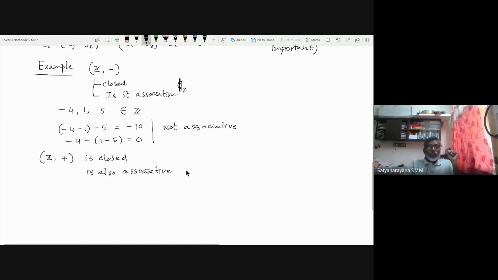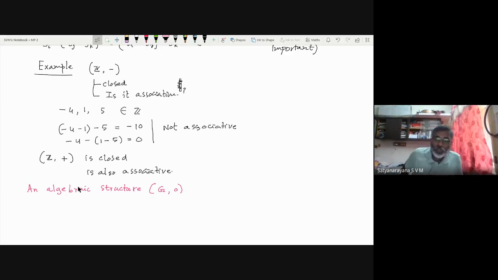Okay, so an algebraic structure. So at this point, let me just say that an algebraic structure, let's call this G and some binary operation G0.